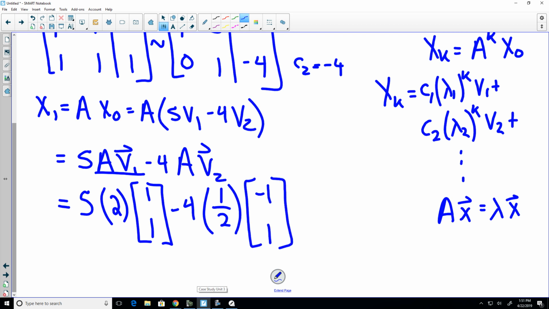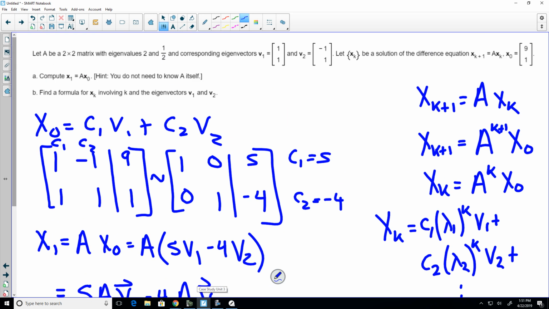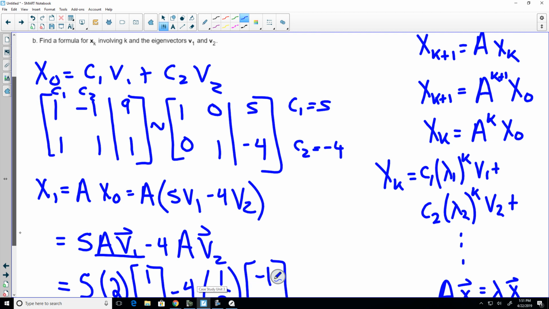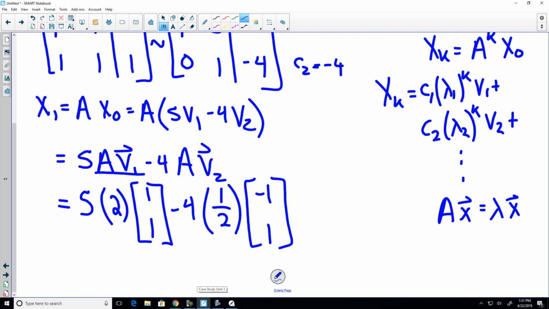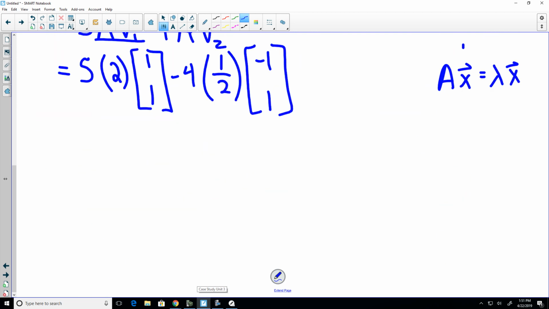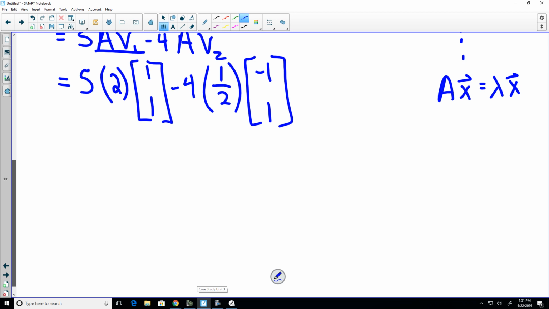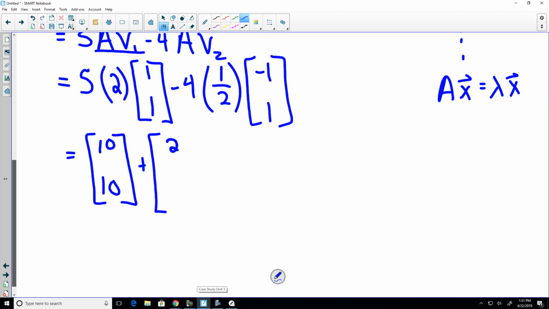So we have second eigenvalue 1/2, second eigenvector is negative 1, 1. And we can compute all this. So this is 10. This is 2, negative 2, right? So it looks like 12 and 8.